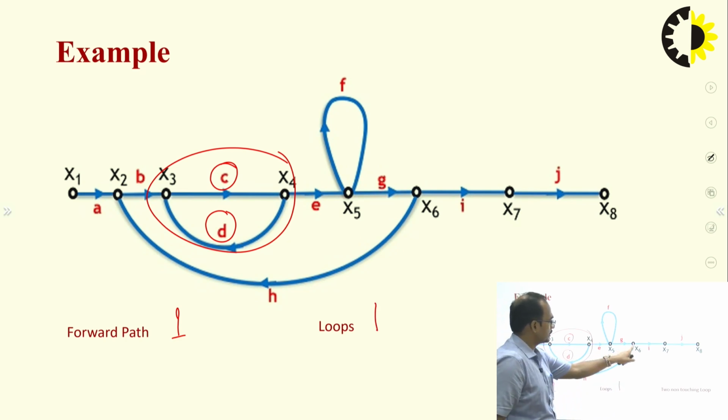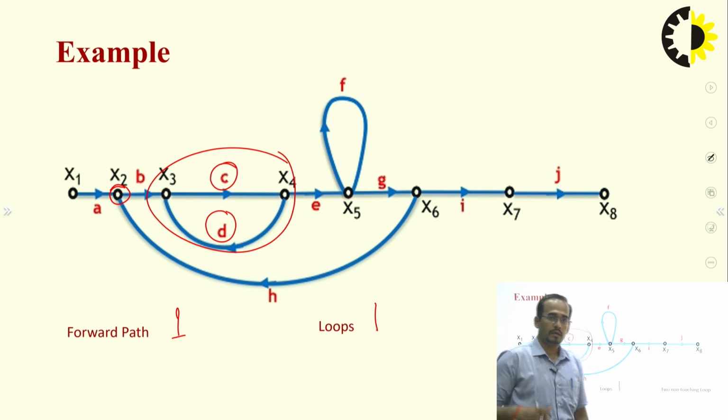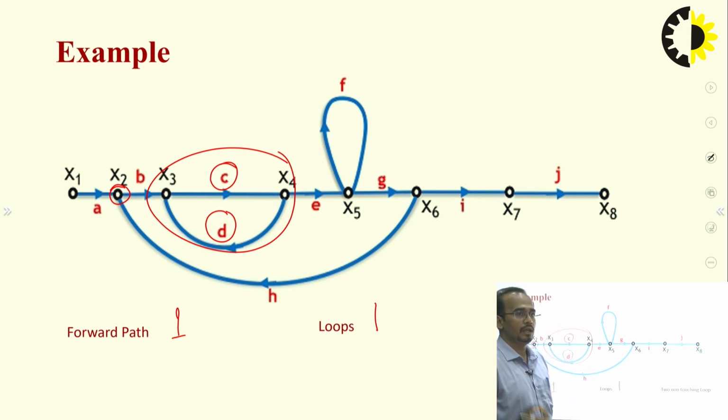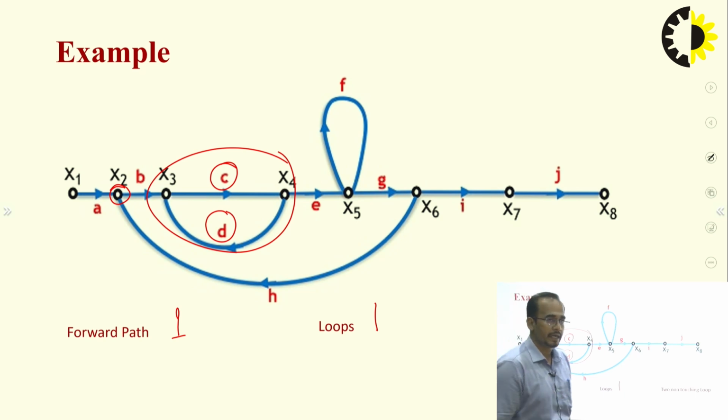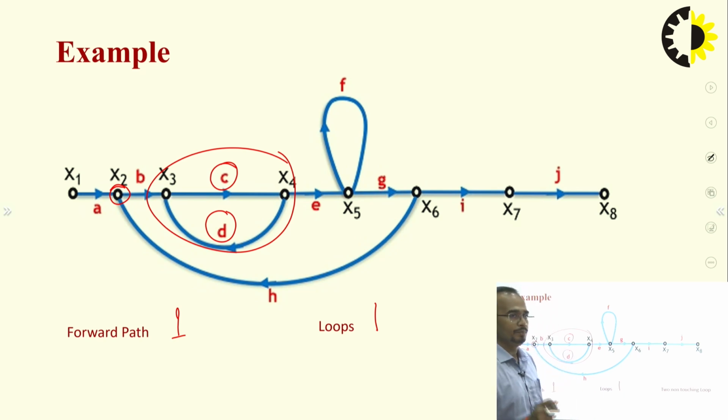Another loop is this one, where the initial point and end point of the loop are the same, that is, the path terminates at the same point from where it was initiated. You can see this is the path. The second loop is x1, x2, x3, x4, x5, x6, x2. So the second loop is this. Again, you can see the third loop is here.